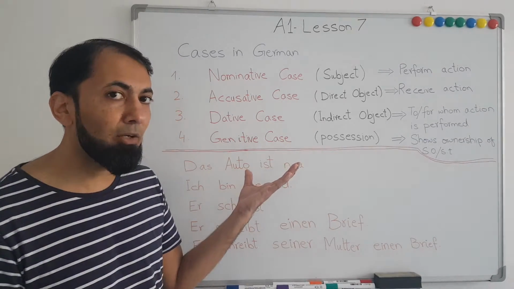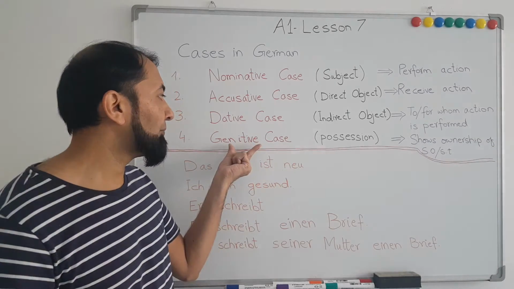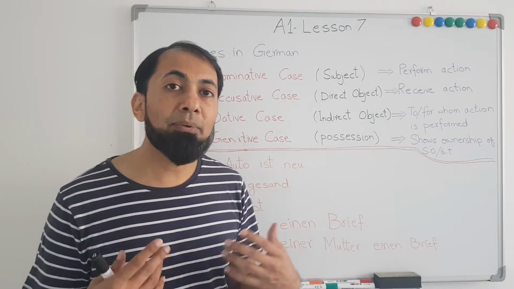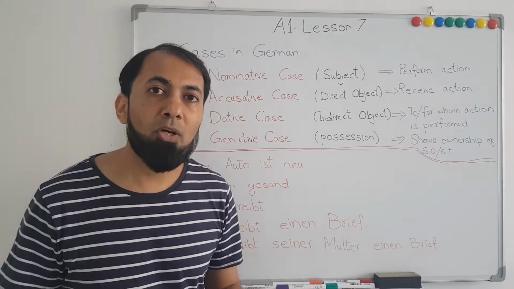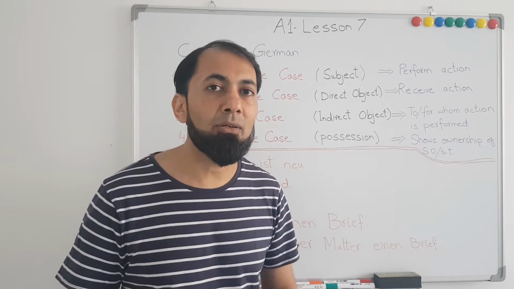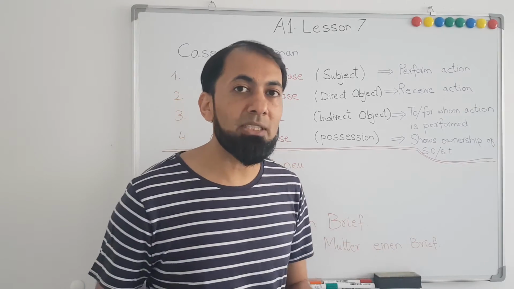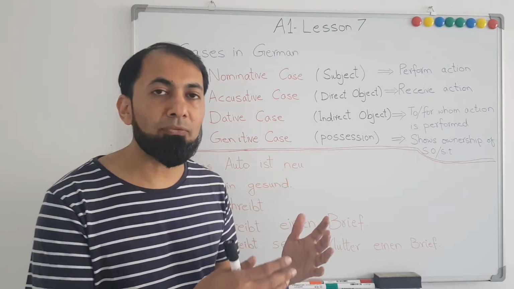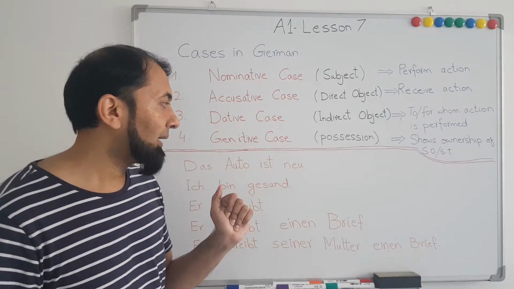And this part of the sentence, the entrance of the house, will be in the genitive case. Or my brother's house, or my brother's vehicle, or the son of my sister, for example, or the city's administration. All such parts of sentences will be in the genitive case.